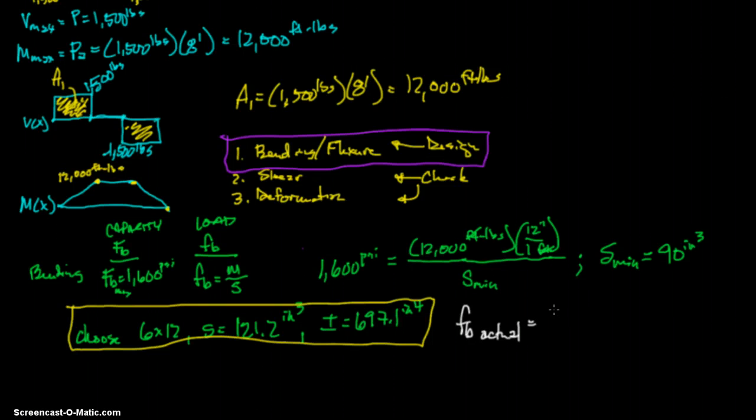And we know that this is M over S, so we have 12,000 foot-pounds times 12 inches per foot, and then we're going to use our actual S, which is 121.2.